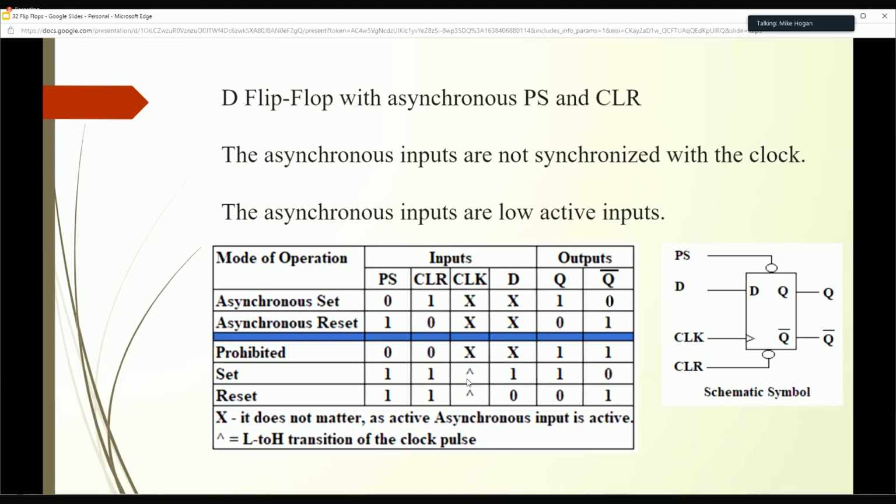This input now requires a clock pulse. So if I have a 1 and a positive clock pulse, then that's going to give me a 1 on Q. If I have a 0 on D, then that's going to give me a 0 on Q.